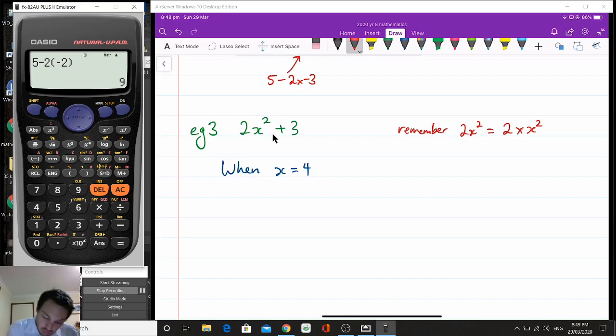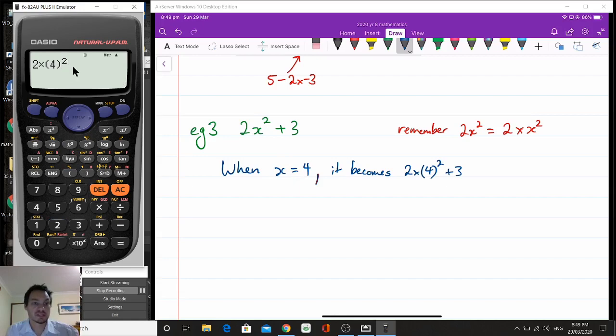So what we get, when x equals 4, it becomes, and we write down what we're subbing in, 2 times 4 squared plus 3. And I could just use my calculator, 2 times 4 squared, okay, 2 times 16 is 32, plus 3, so 35.